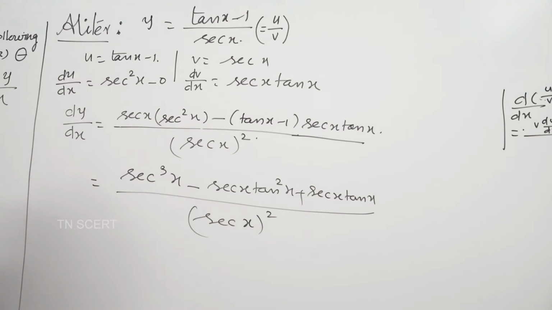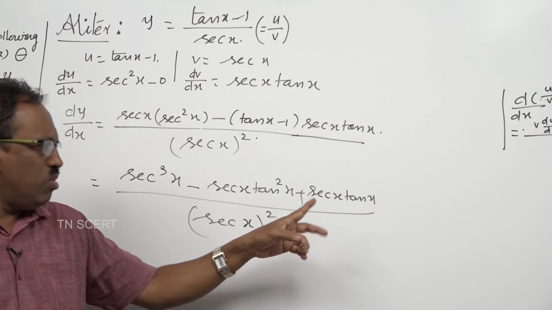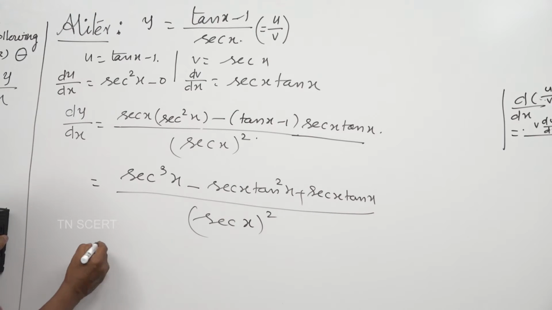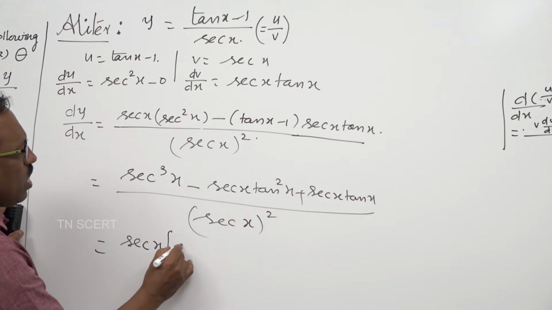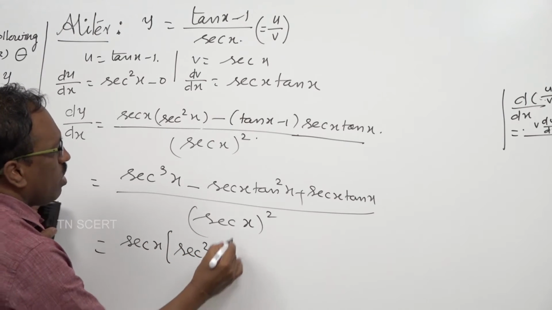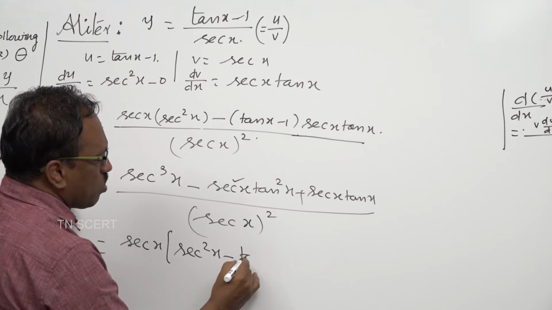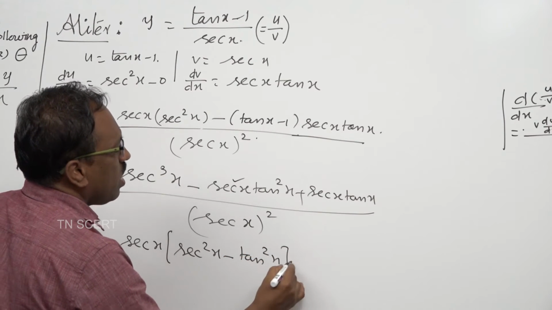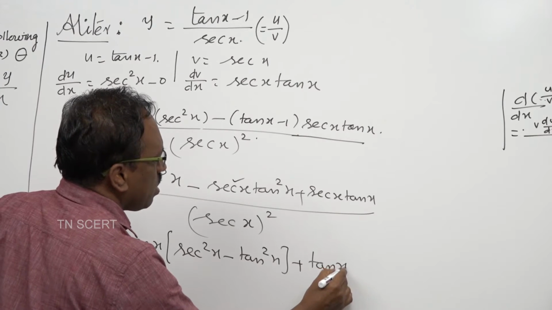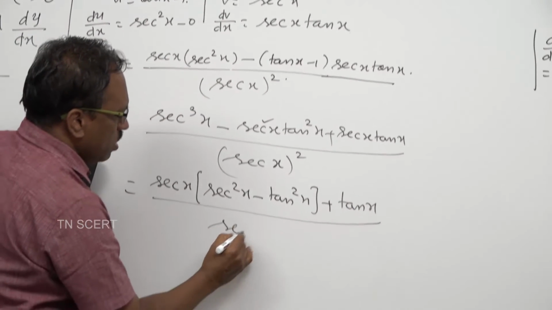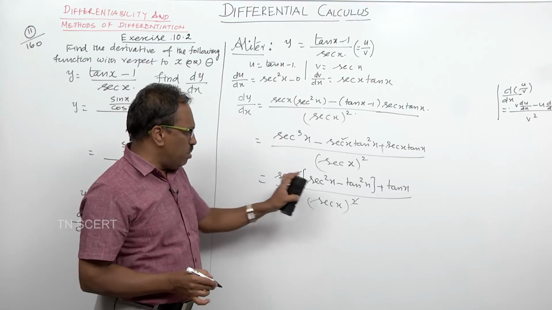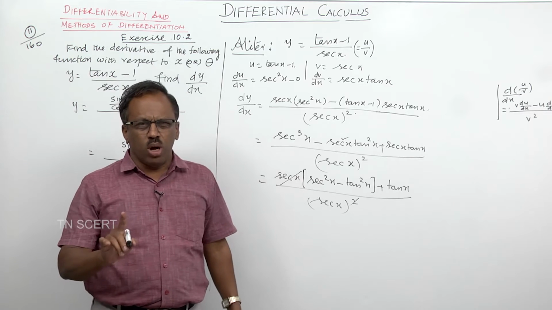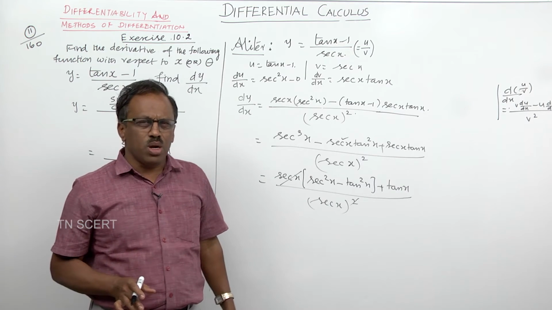You can divide everywhere by secant x, because everywhere there is secant we can take it common and then simplify. Secant x into secant x means secant square x. If I take one secant x, this will become tan square x, and here tan x, divided by secant x the whole square, and these get cancelled, and the remaining term secant square x minus tan square x is 1. That is also an identity of trigonometry.